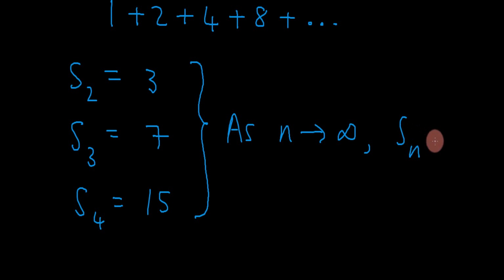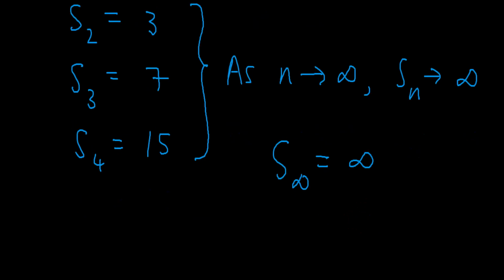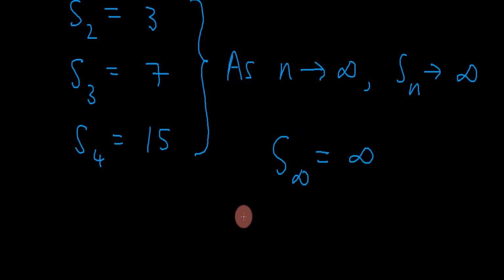In other words, the sum to n terms also approaches infinity. In this case, we say that the sum to infinity equals infinity. Now, when the sum to infinity equals infinity, we say that the series is divergent, or that it diverges.